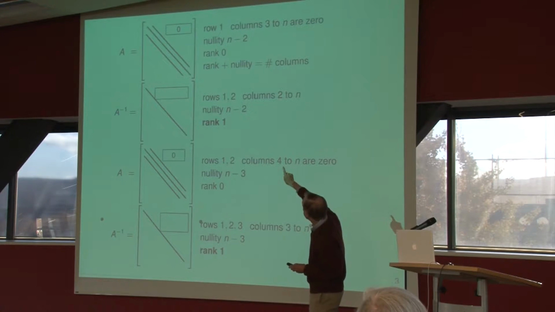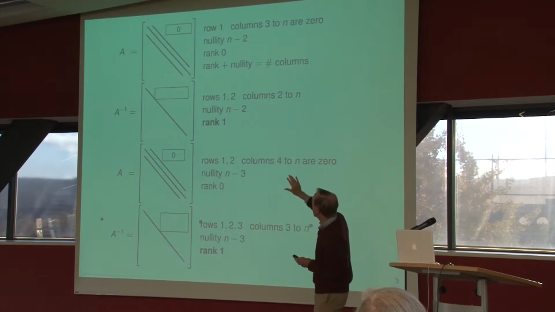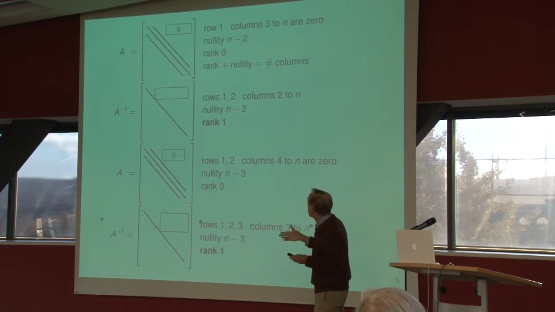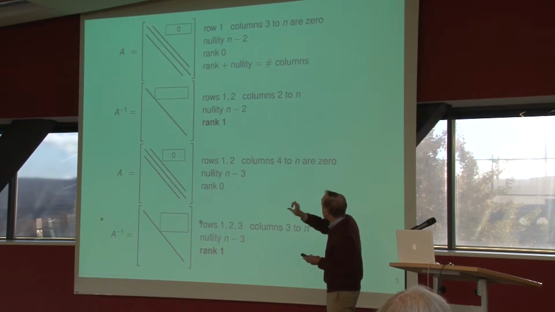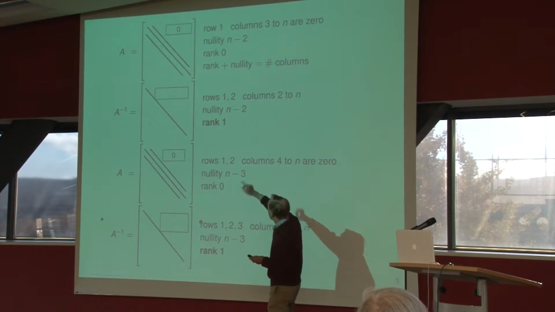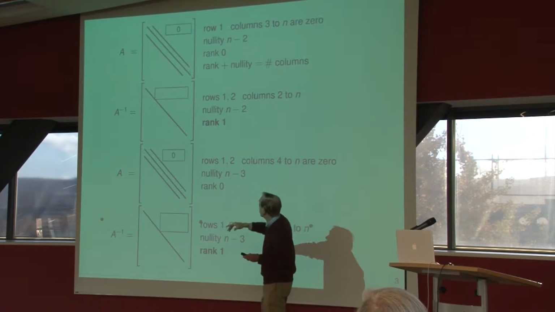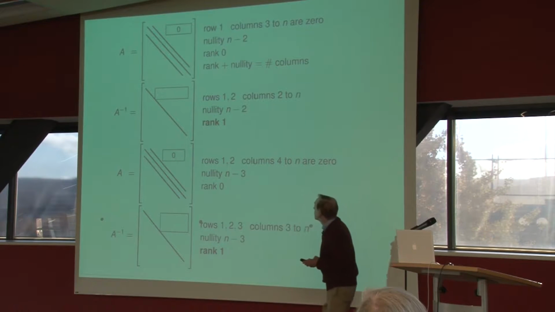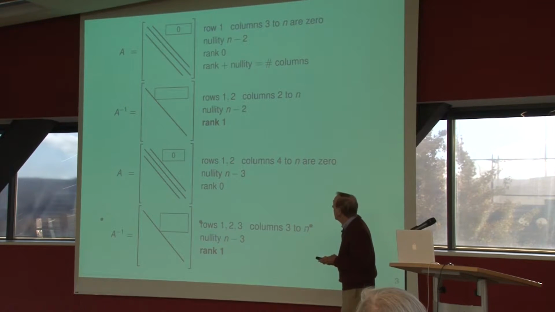And it's completely null, so it has n minus 2 independent solutions because it's a 0 matrix. So its nullity is n minus 2. And then, therefore, by the great nullity theorem, the block in the inverse also has nullity n minus 2.